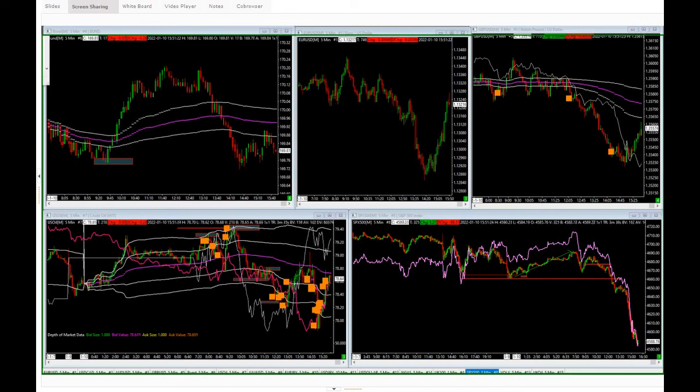Get some money on that. And just like that, to the moon.